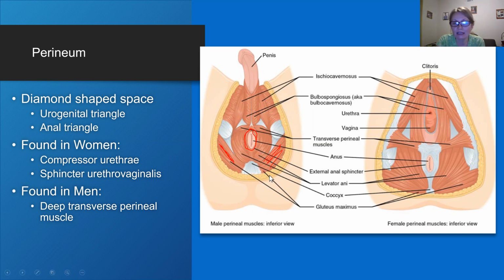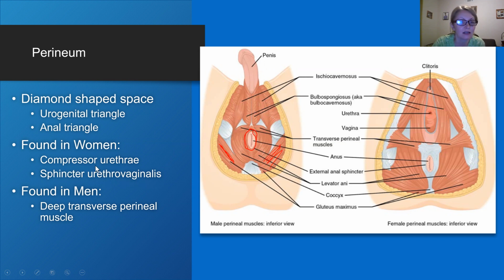Then we also will have external urethral sphincter in the females, or they call it sphincter urethrovaginalis, because it's around the urethra and vagina. So this is a different muscle. So what we want to say is that most muscles are the same. However, some muscles are found only in women and some only in men, right?